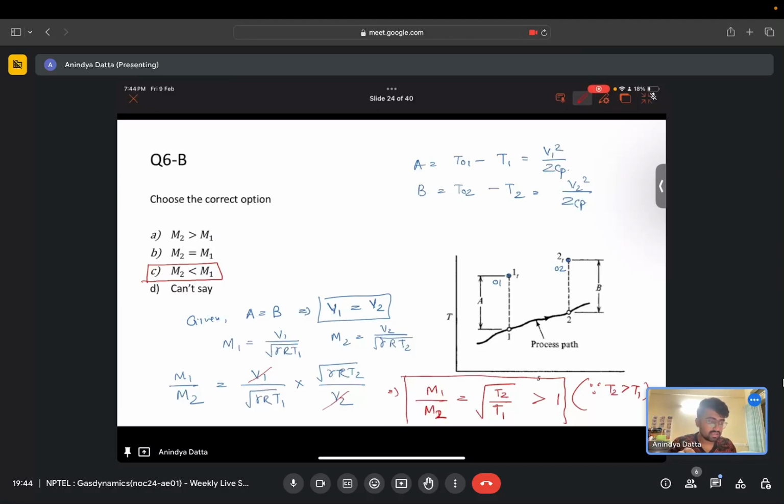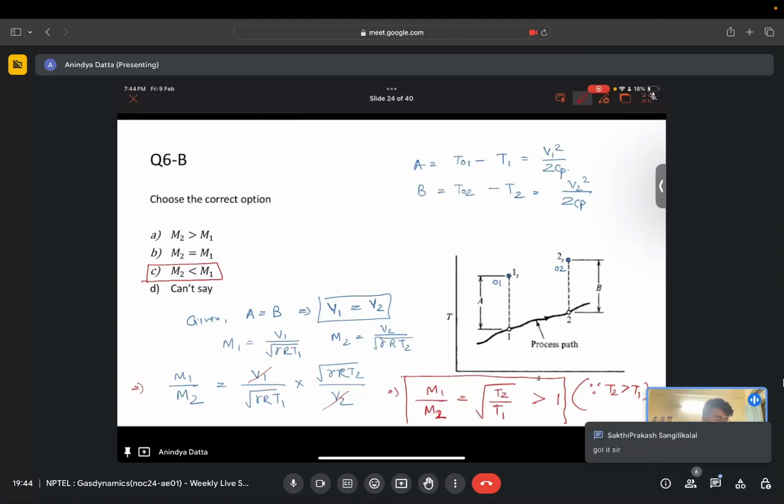Since in this case between state point 1 and state point 2, the flow velocity is equal, the Mach number is only dependent on temperature. And we see that Mach number is inversely proportional to temperature. If you look at the last line, I have taken the ratio of two Mach numbers.